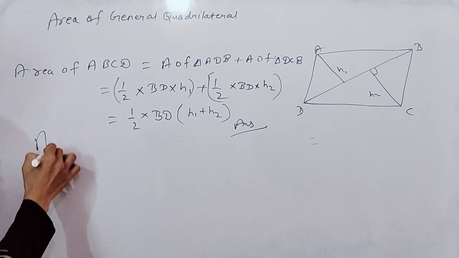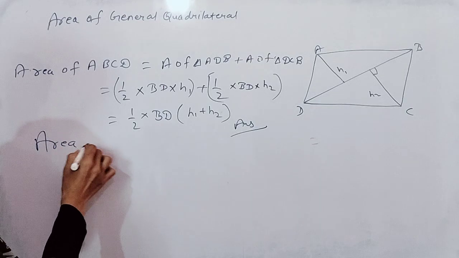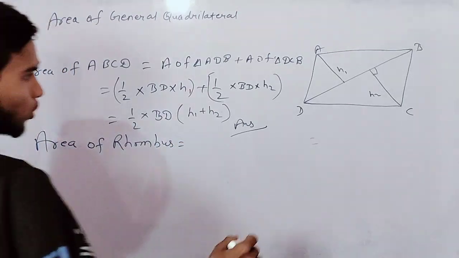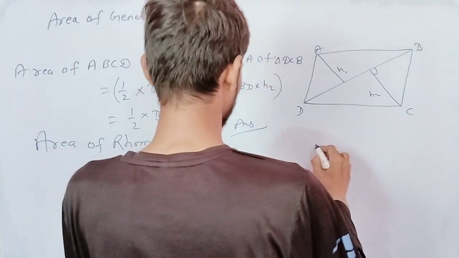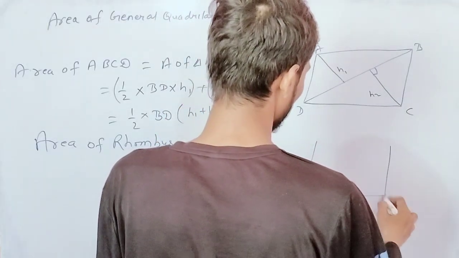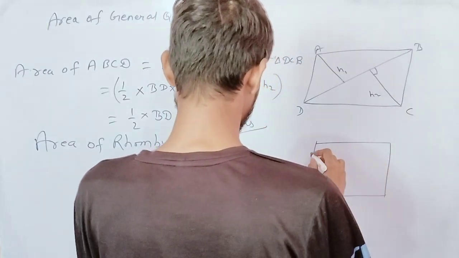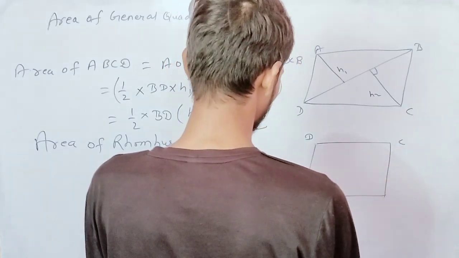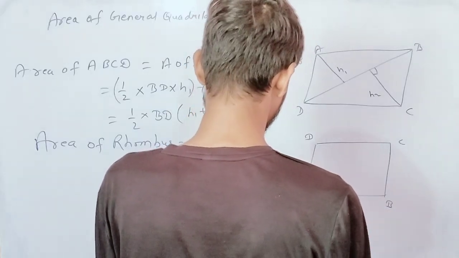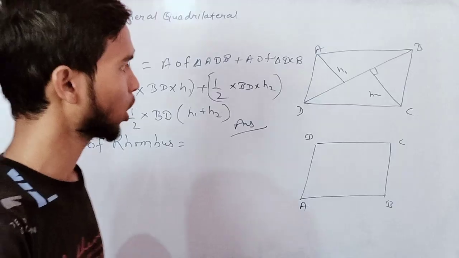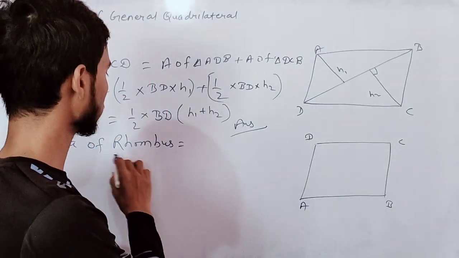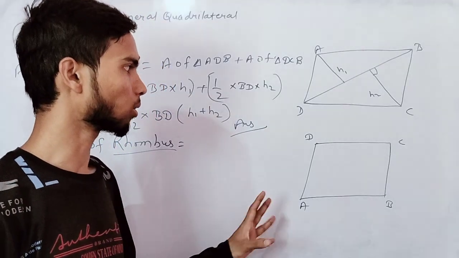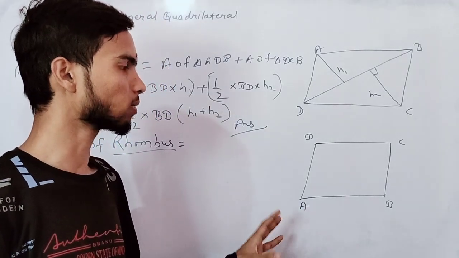And the area of a rhombus would be what? Rhombus looks like this. Here remember, a rhombus will not have a 90-degree angle at the vertex.